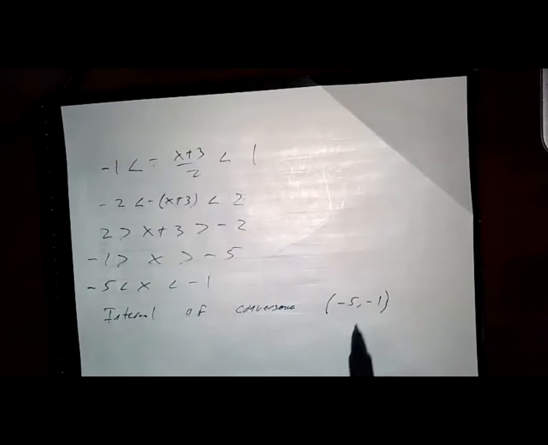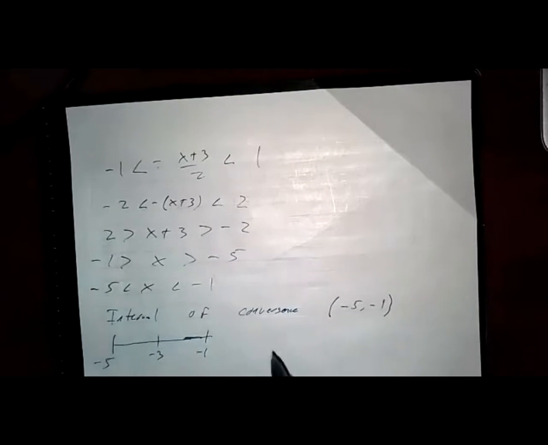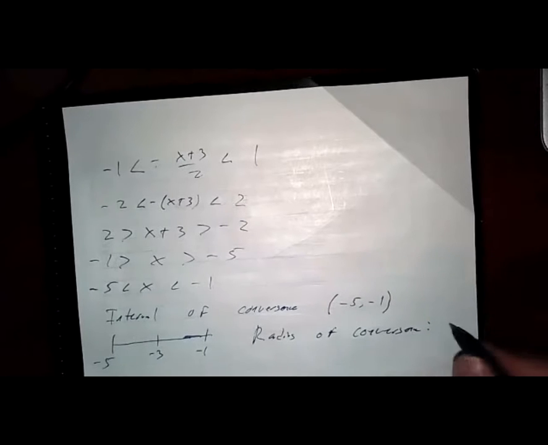So what is the center point here, right? The center we said was -3. So -3 in either direction, right? Here's -3. Here's -1. Here's -5. Radius of convergence would be 2, right?